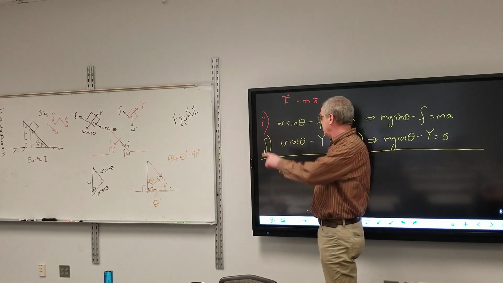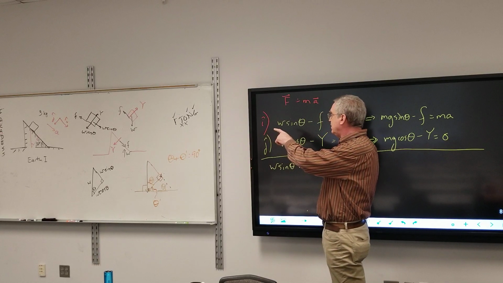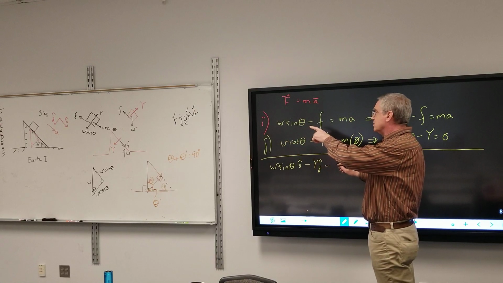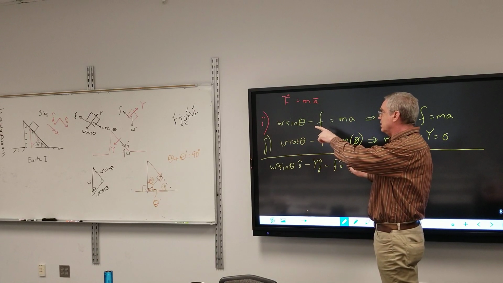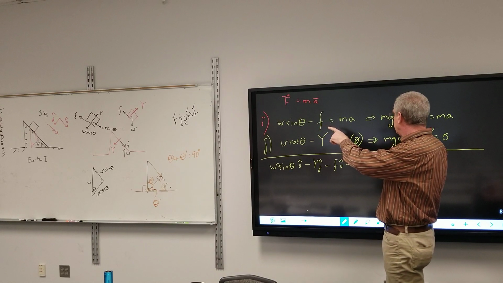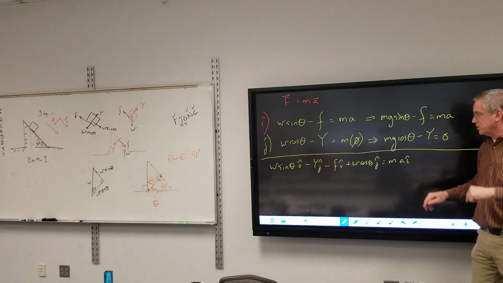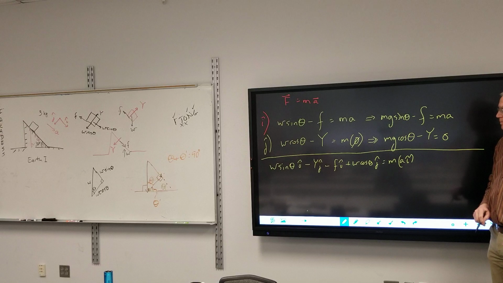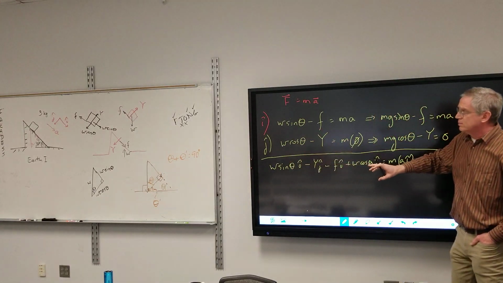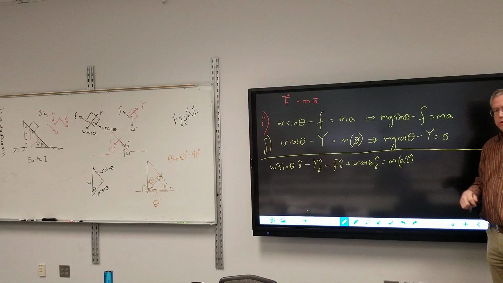Technically, what I would get is W sine theta I hat minus Y J hat minus F I hat plus W cosine theta J hat is equal to mass times acceleration, which we've already established is in the I hat direction. So that's my acceleration right there. That's plugging in F equals ma. These are all the forces, all four forces, counting that as two forces, equal to mass times acceleration.